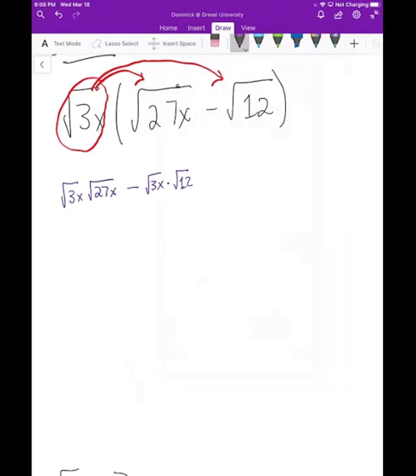right? Now, of course, at this point, you have two options. So one option is that you can simplify and then multiply. And of course, the other is to multiply then simplify.